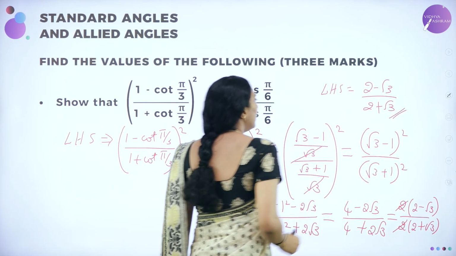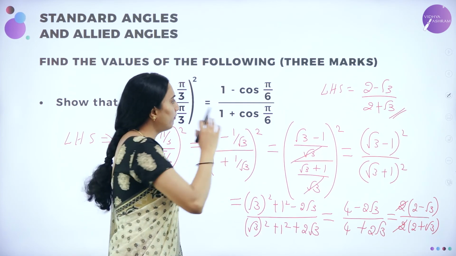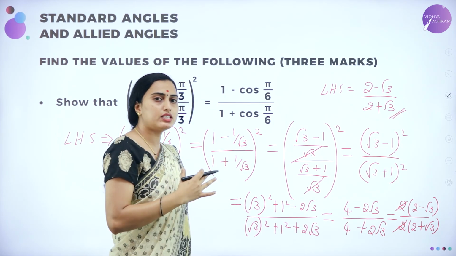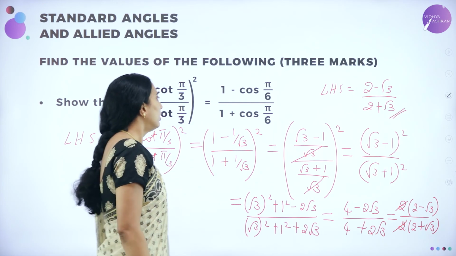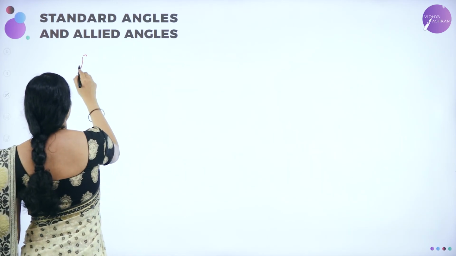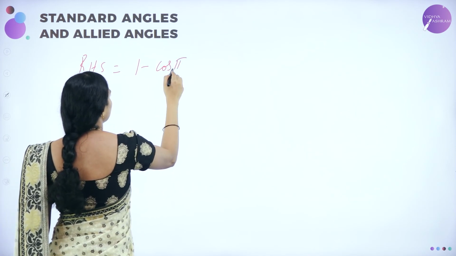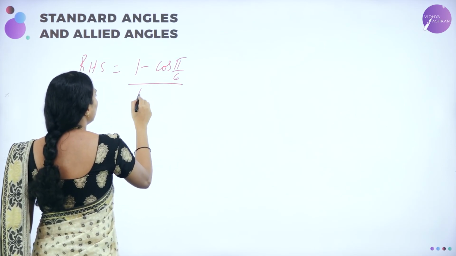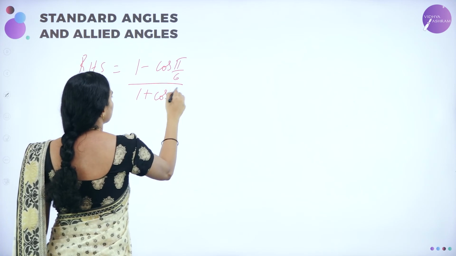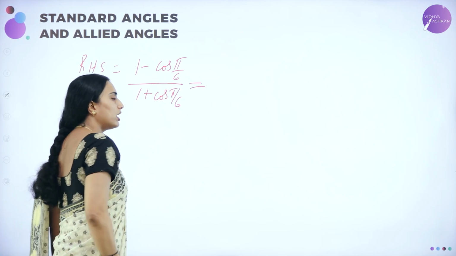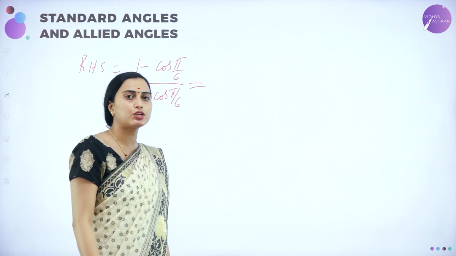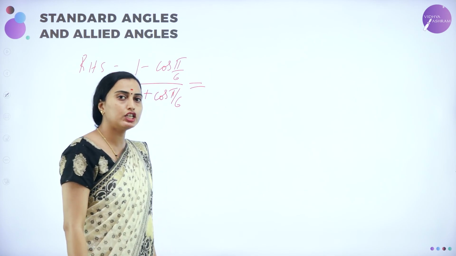Remember this value. Let me check with the right hand side. Same value I should get. Then only left hand side will be equal to the right hand side. What is the right hand side? Right hand side is 1 minus cos pi by 6 divided by 1 plus cos pi by 6. Now dears, what is cos pi by 6? Cos pi by 6 is cos 30 degree. Cos 30 degree is root 3 by 2.